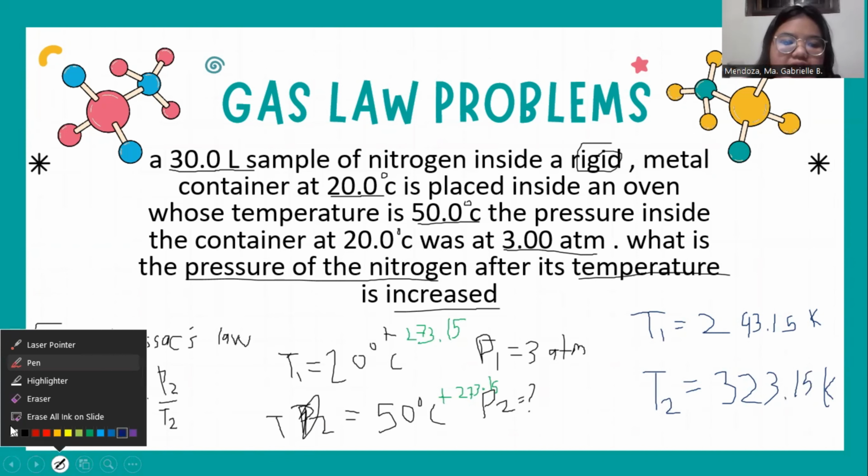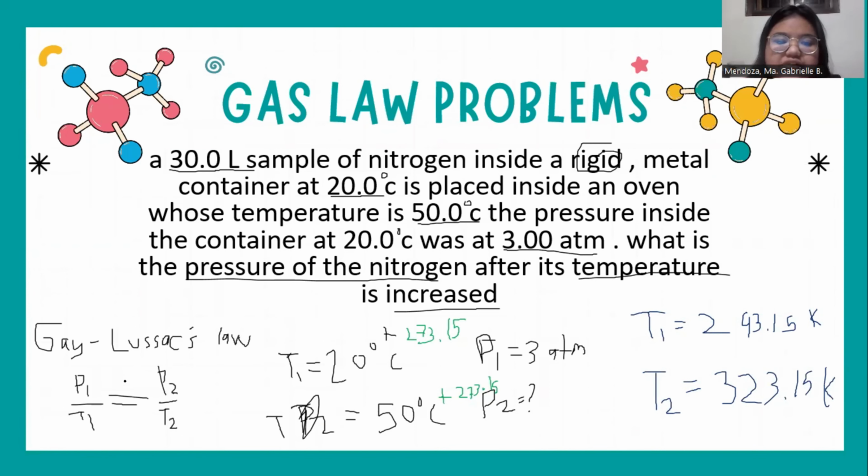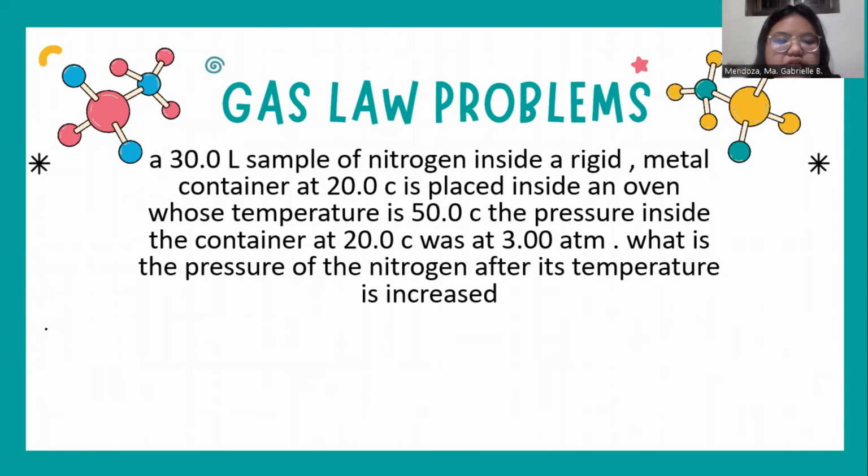Yan. So since na-convert na natin, we can now proceed sa solving using the formula for Gay-Lussac's law. So, sulat ulit natin, P1 over T1 equals P2 over T2. Ayan. So, let's substitute yung mga given natin.